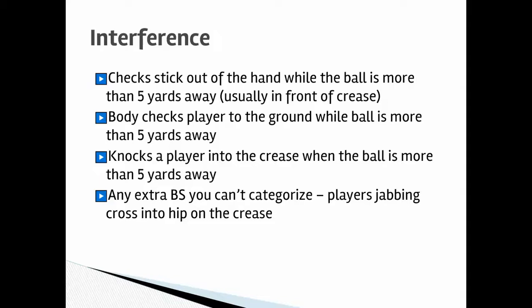You're disadvantaging that player, and the ball's more than 5 yards away. Or when you knock a player into the crease when the ball is more than 5 yards away. So you have the ball on the top of the attack box, and you have an attack player circling around the crease, and the defender just nudges him in there, gives enough pressure to put him in there.